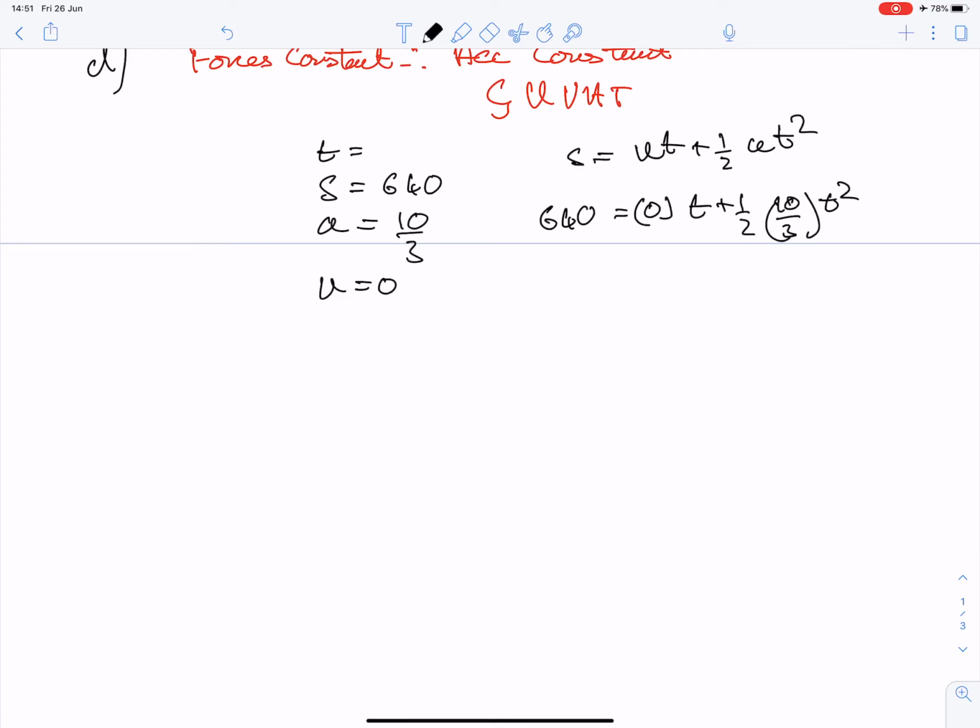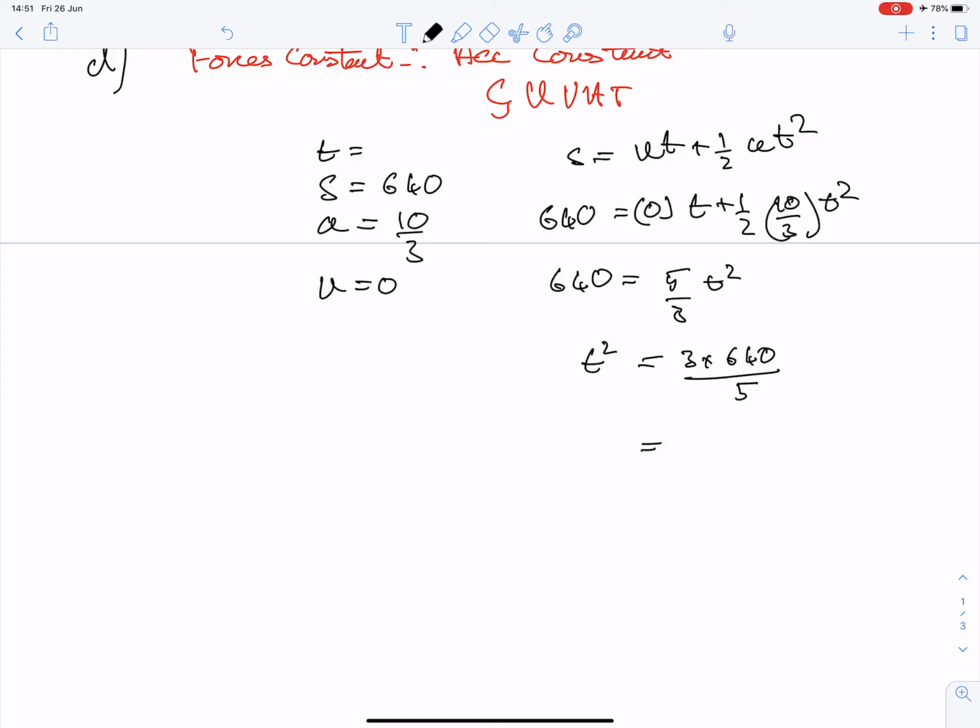If we tidy that up, we've got 640 is equal to 5 over 3 t squared. So t squared equals 3 lots of 640 over 5.